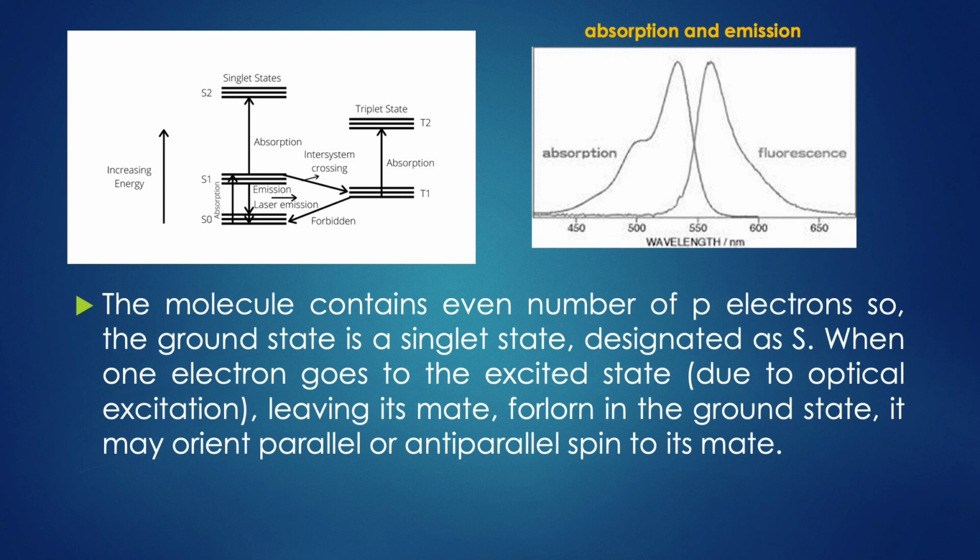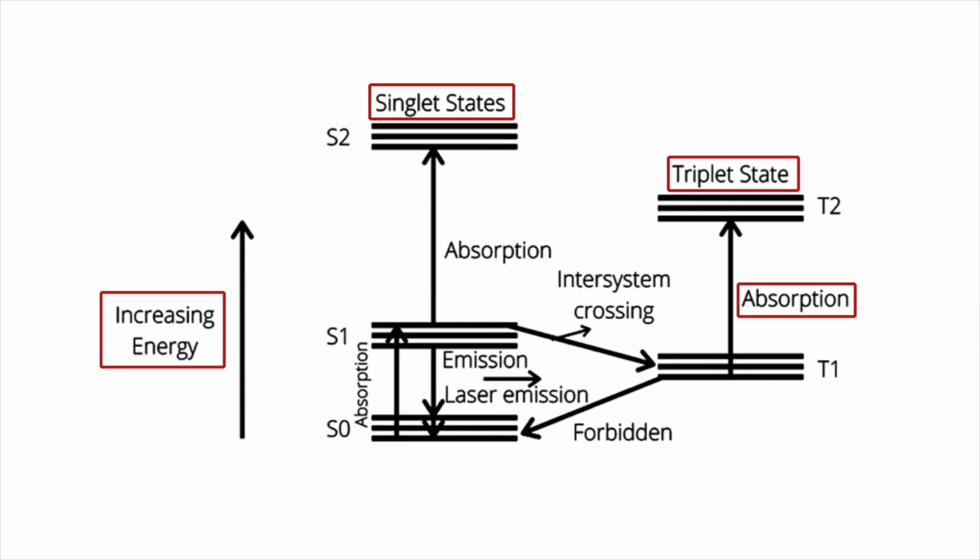The lowest one is called S0, the next higher energy is called S1, then S2. All these are electronic energy levels, called singlet electronic energy levels. This is because the molecule usually contains an even number of pi electrons.